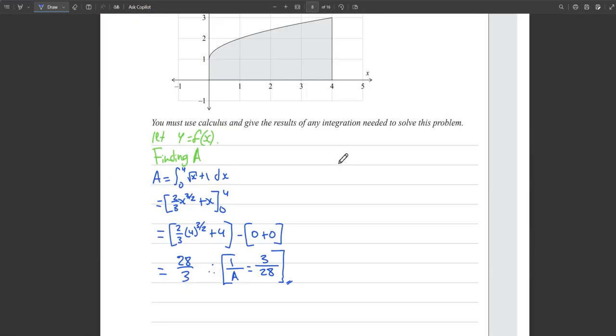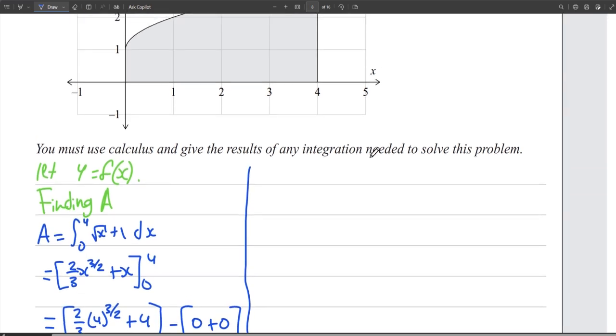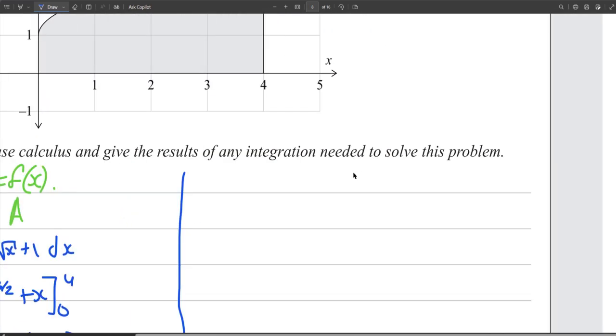So we'll start, just line this out over here. Okay, alright, so finding x bar.